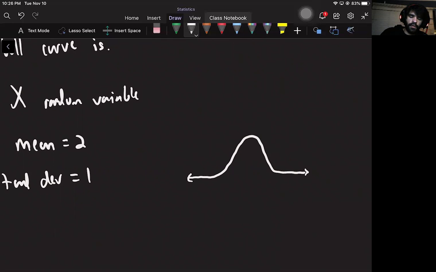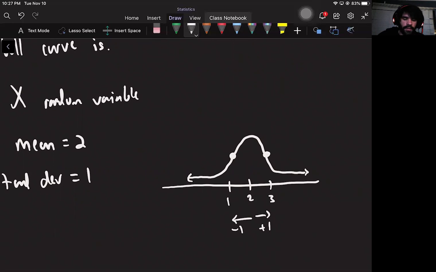So you draw the curve however you like. And now I can say that the middle of it is 2, and where the inflection points occur, it's going to be 1 away that way, so +1 standard deviation. And the standard deviation is 1, so it's +1. And then -1 this way.